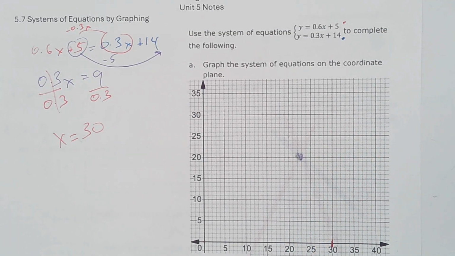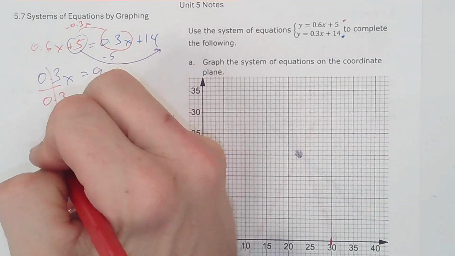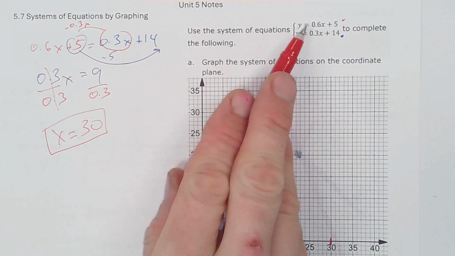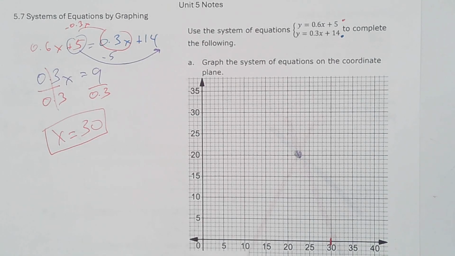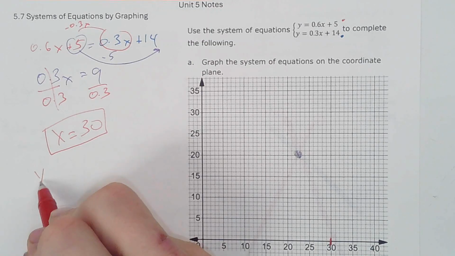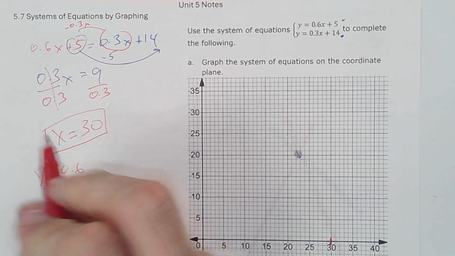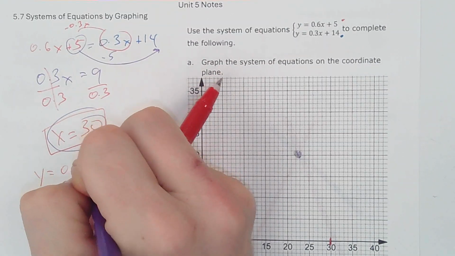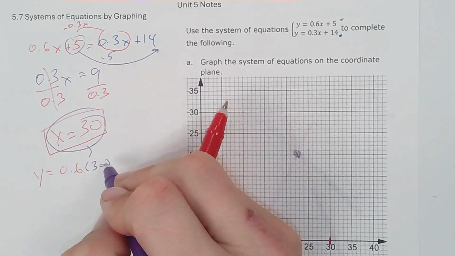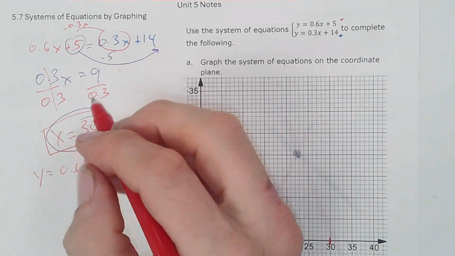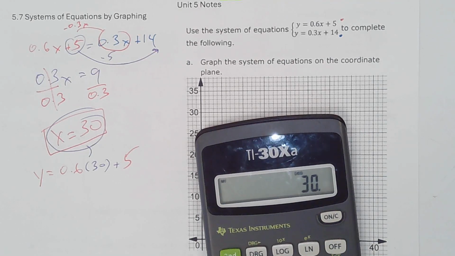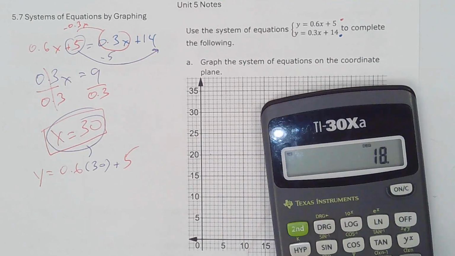We don't know the y value yet. We have to take this value and plug it back into one of these 2 equations. Which one do you want to use, red or blue? Red. Let's use red. So y equals 0.6 times 30, plus 5. 0.6 times 30 equals 18.